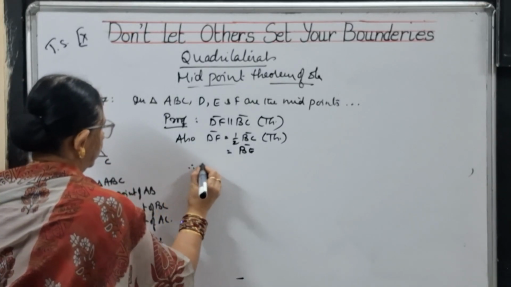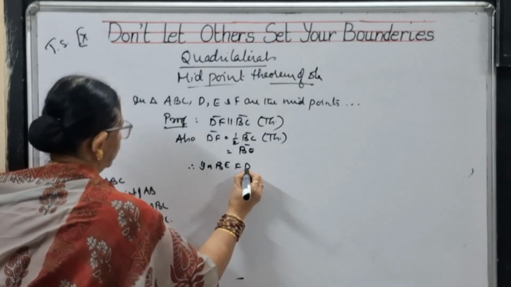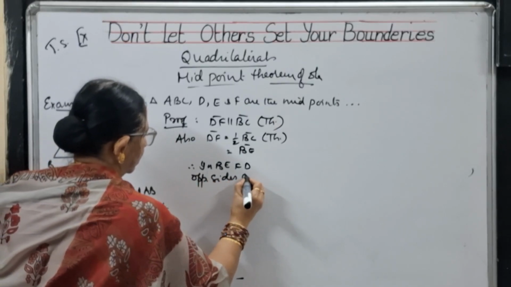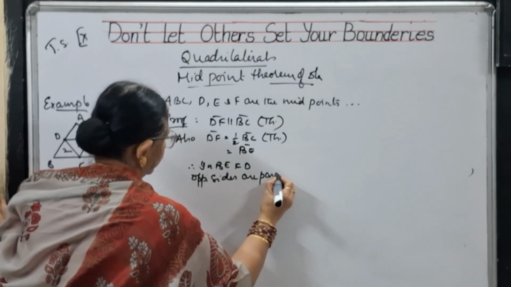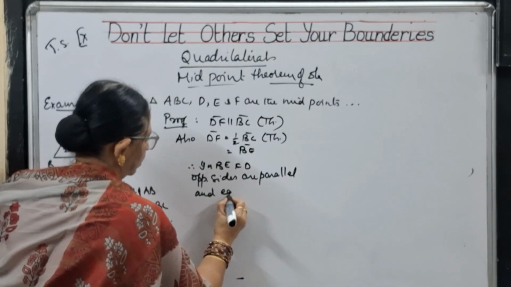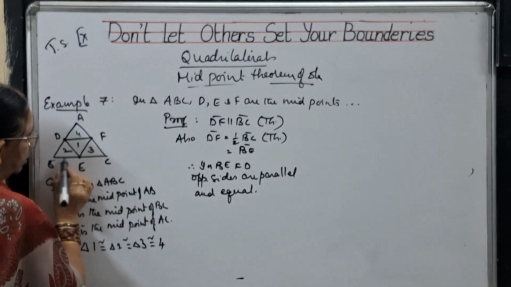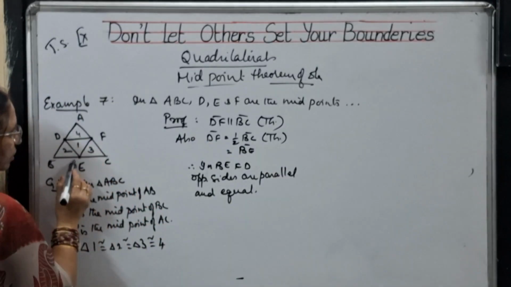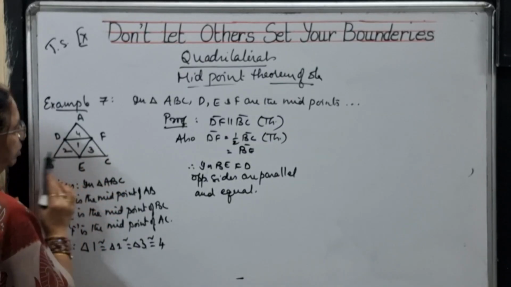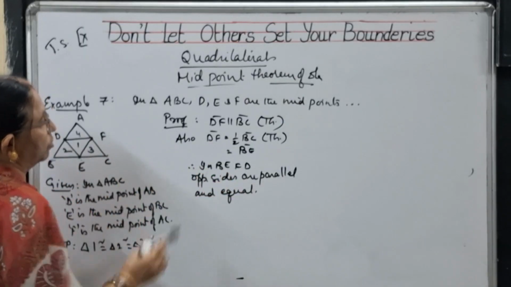So therefore in BEFD, opposite sides are parallel and equal. See, DF is parallel to BE because when you say DF is parallel to BC, BE is a part of BC. And DF is equal to BE, just now we have proved.